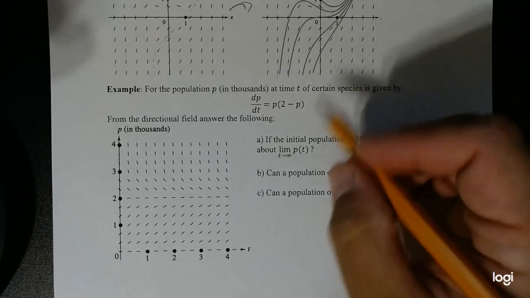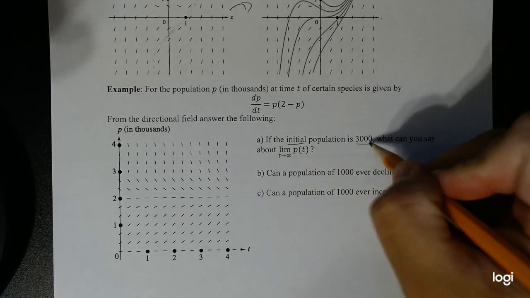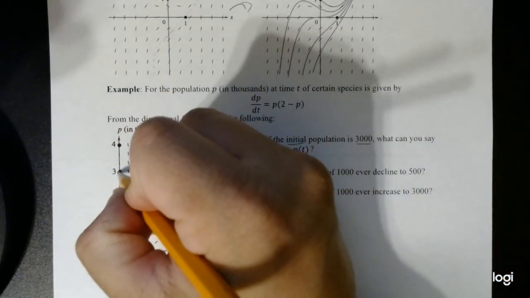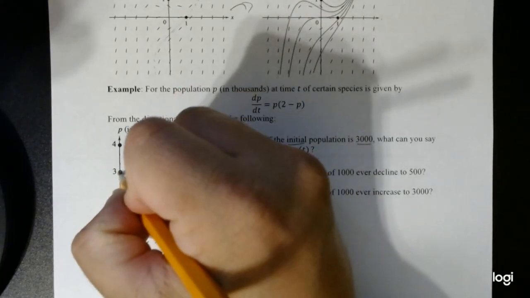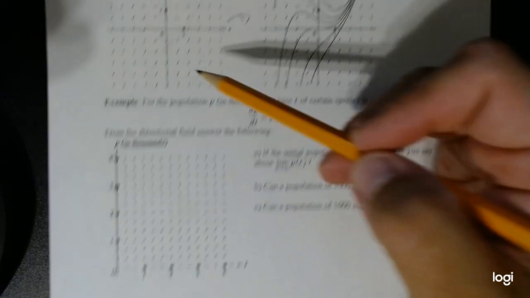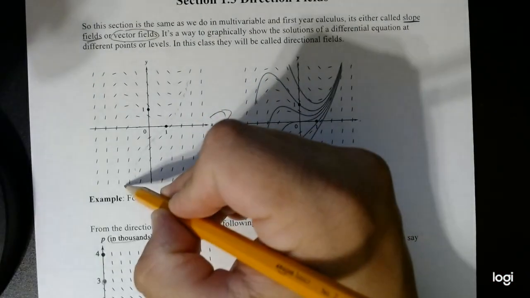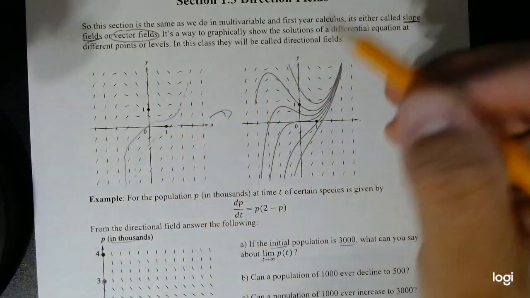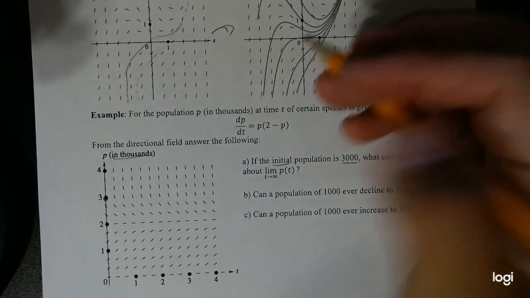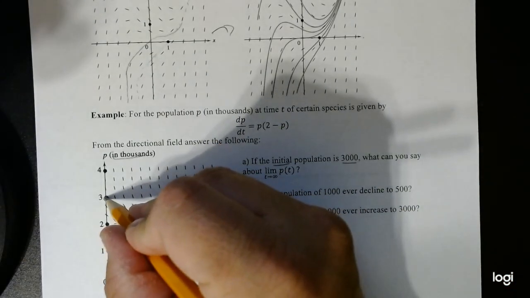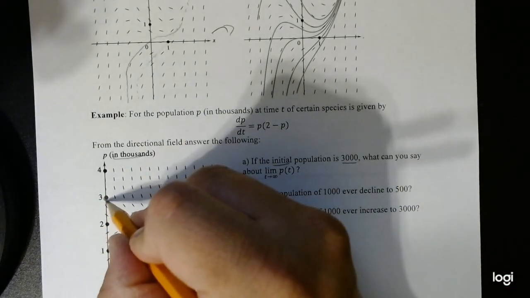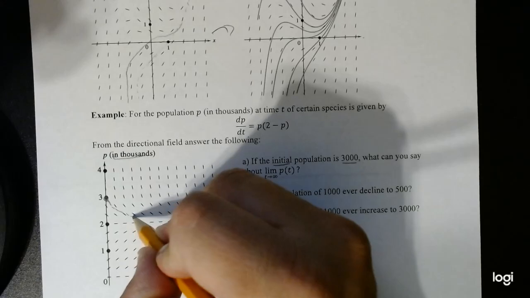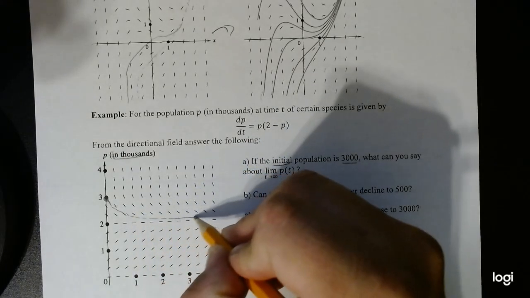Okay, so we have an initial condition at 3,000. If you go up over here, this is 3,000 right here, right? So the thousands. And we can do the same thing I was talking about up here. We're just going to follow the process and see where that actually lands. So if I just follow the flow from this point, eventually it flattens out.